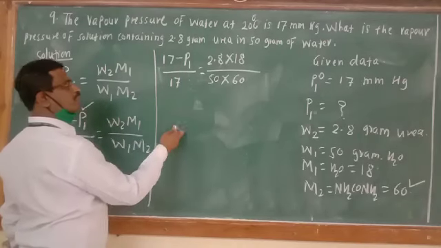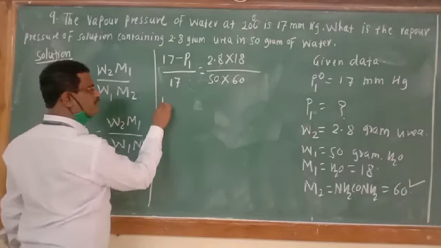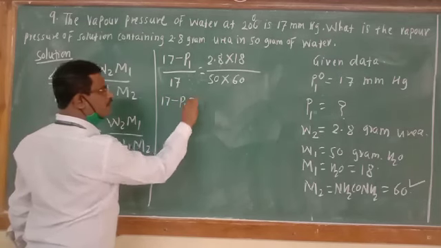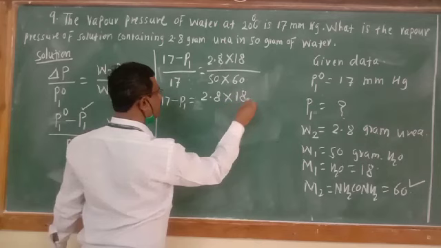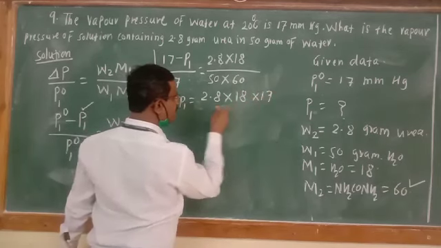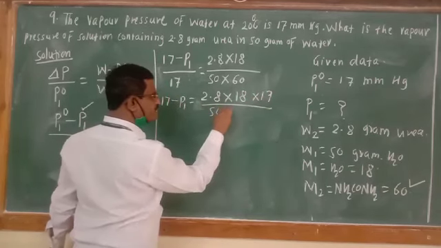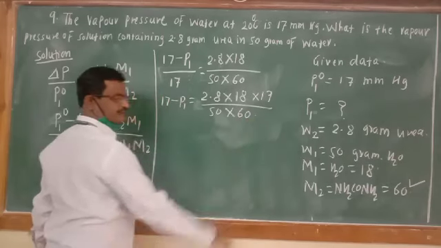Further on solving this: 17 minus P1 is equal to 2.8 multiplied by 18 multiplied by 17 divided by 50 into 60.